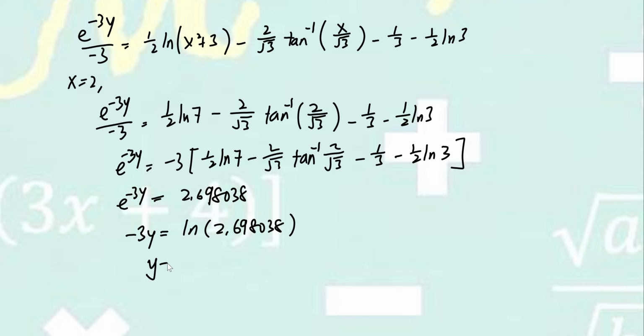Then now my y, move down the 1 over negative 3, so it will be negative 1 over 3 ln. Okay, and the question is asking for the y value, so just round the value to 3 significant figures. So this is my y when x equals 2.